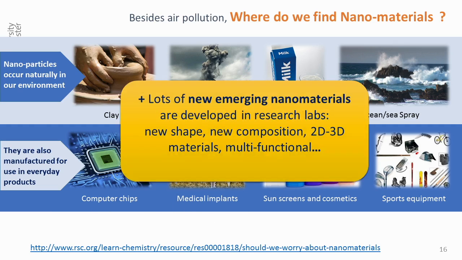So there are quite a few emerging nanomaterials that are developed in research labs. There's also a huge variety of characteristics, so it means that all the effects will be fairly difficult to characterize.